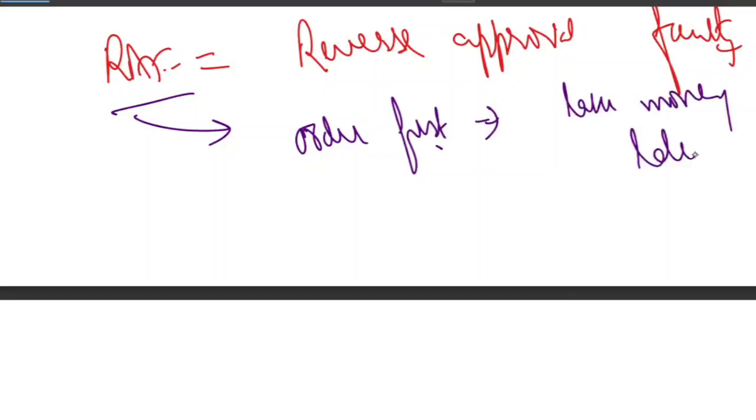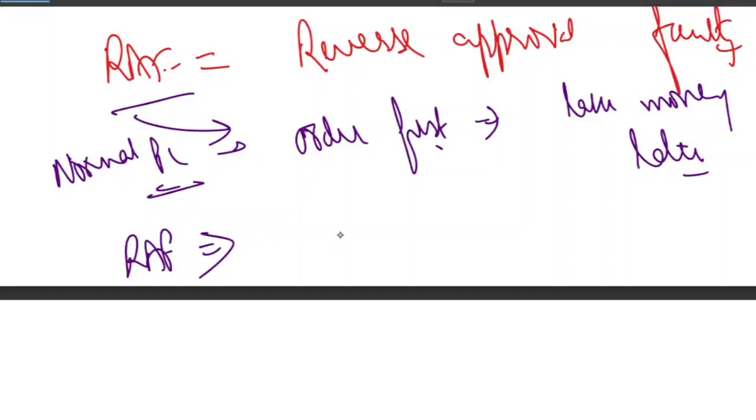This is what happens in the normal PC. But what happens in the case of RAF? It says take money first and then show the order later. That is how it works.